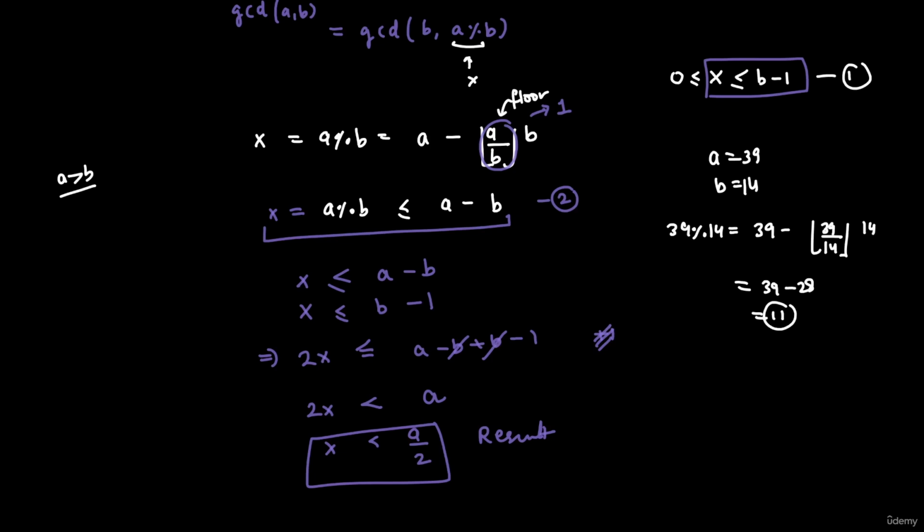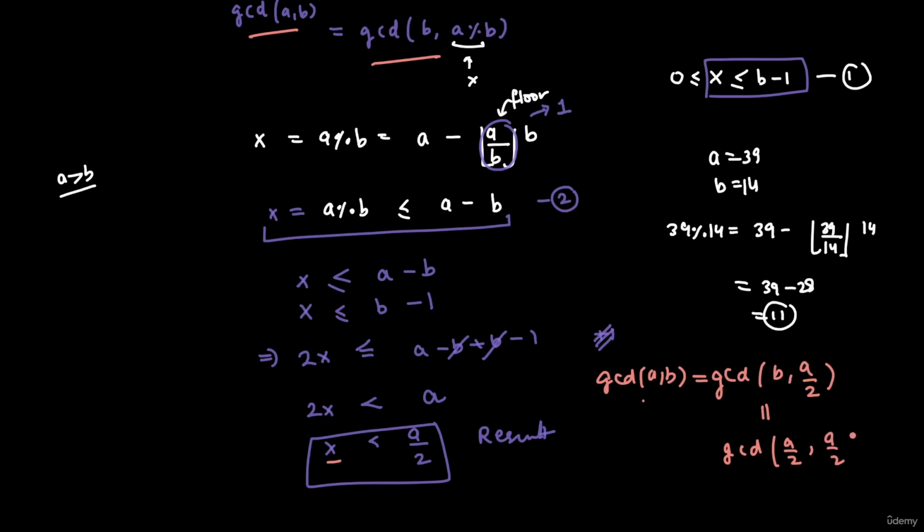GCD of a comma b can be reduced to GCD of b comma a mod b, which is x, and here we can write this number as less than a by 2. This can be further reduced, in one more step, to GCD of a by 2 comma something, or in the worst case that value would be a by 2, and then a by 2 modulus b.